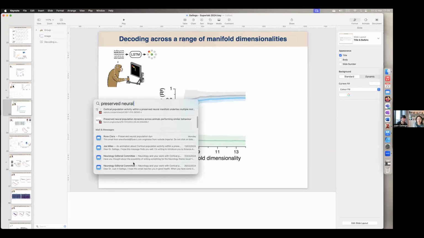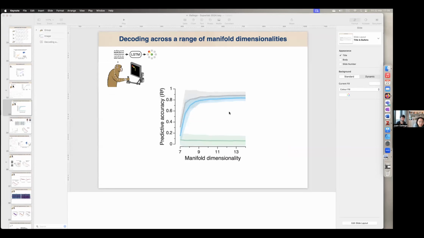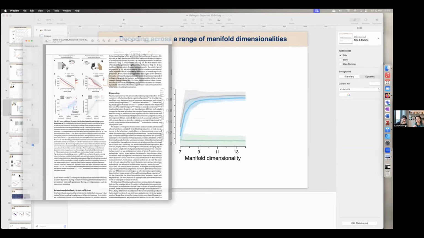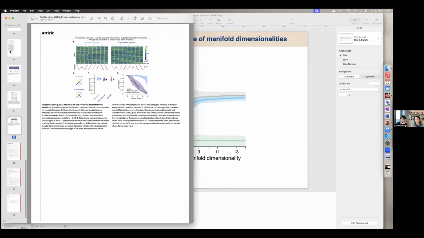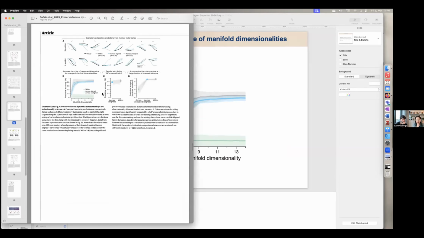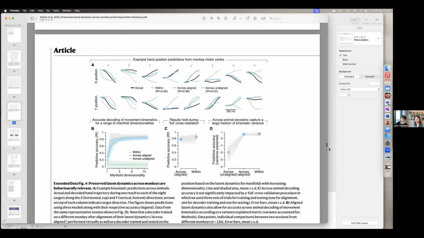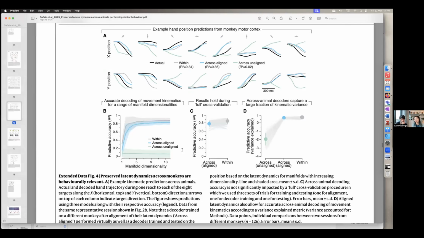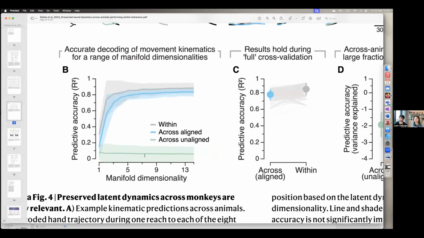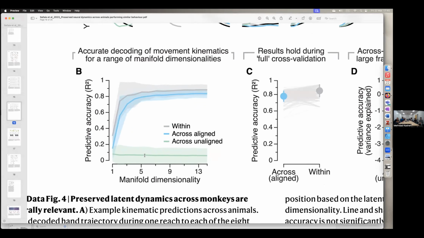Do you want to take this, Joe? I think we haven't specifically looked at every single PC to see how much they explain of the variance, but we've been really robust in looking at all kinds of different manifold dimensionalities to see if it's just the specific dimensions that we were looking at that were affecting all of the results. I'm not sure if you can see this. Is it still being shared? Okay.